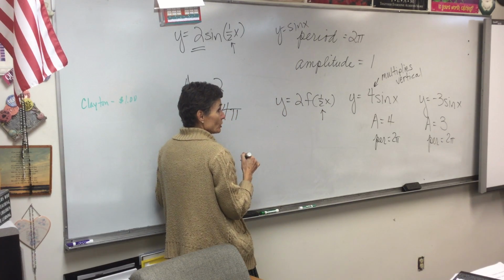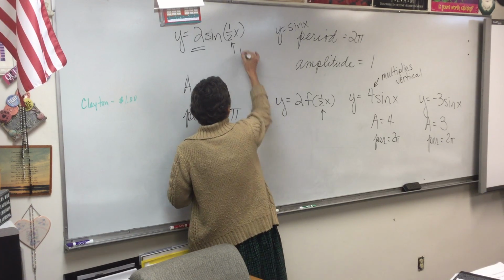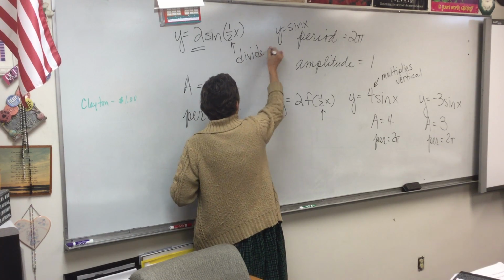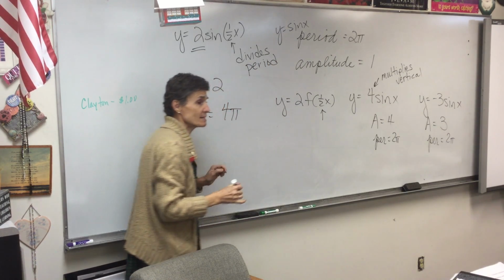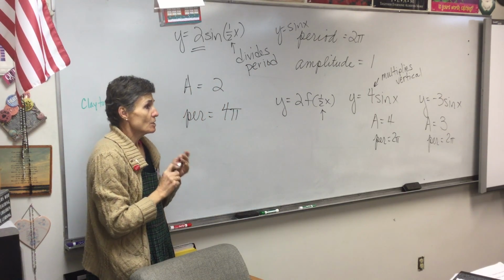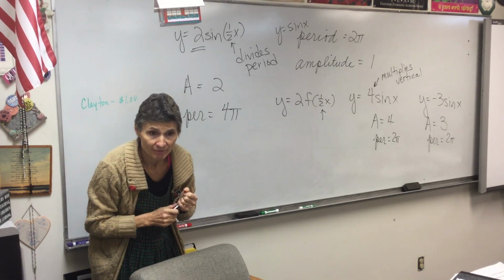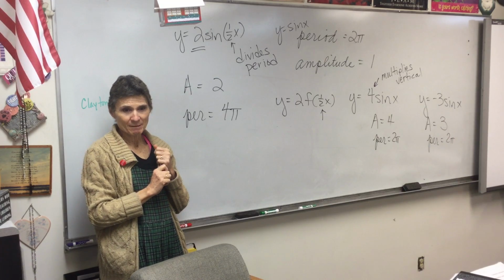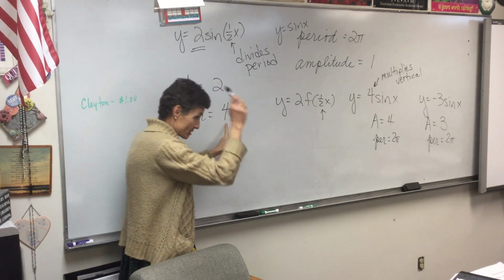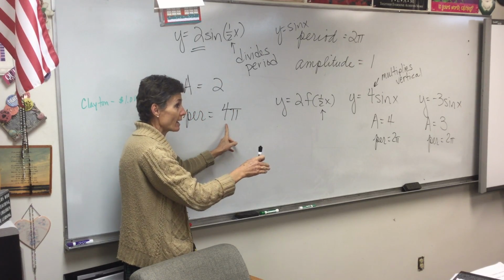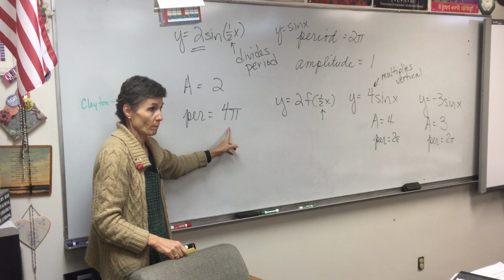That guy actually stretched it. This number right here divides your period. It divides the horizontal. So what happens when you divide by 1/2? You're multiplying by 2. So the period starts out always as 2 pi. When I put a 1/2 in there, it made it 4 pi.